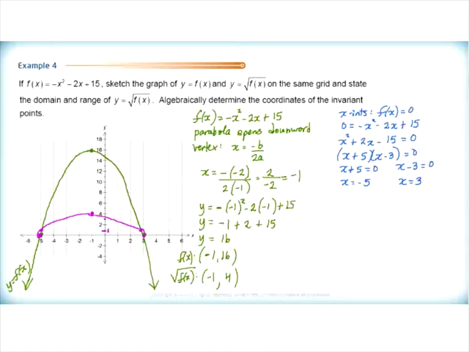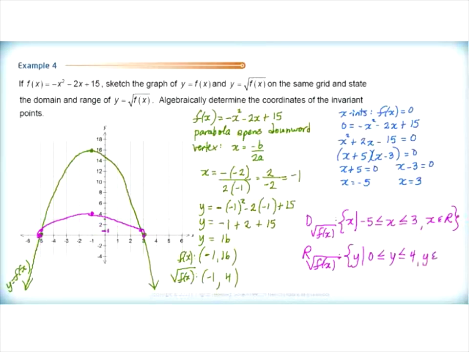And now we can easily state the domain and the range of the square root function graph. The domain of the square root function are all values of x such that -5 is less than or equal to x, which is less than or equal to 3, and x belongs to the set of real numbers. The range of the square root function graph are all values of y that are greater than or equal to 0, but less than or equal to 4, and y belongs to the set of real numbers.